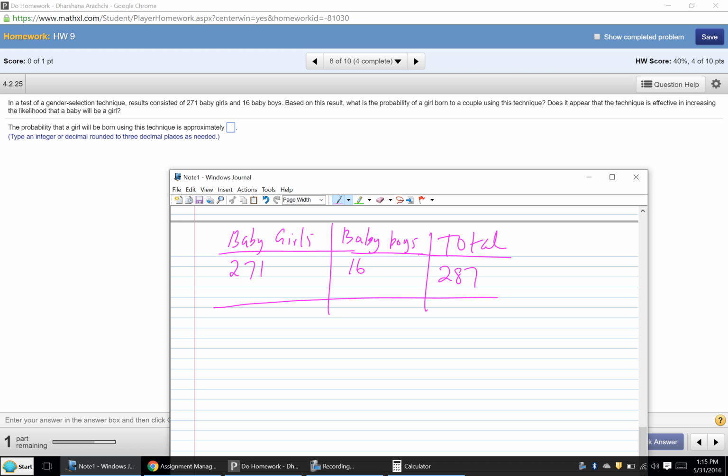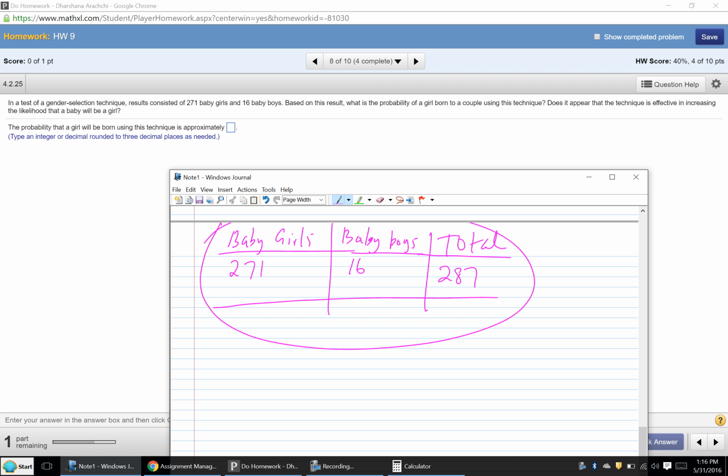This is the data set we have, and using these numbers we are approximating the probability. Remember, this couple doesn't know whether they are going to have a baby girl or baby boy, so this event has not happened.